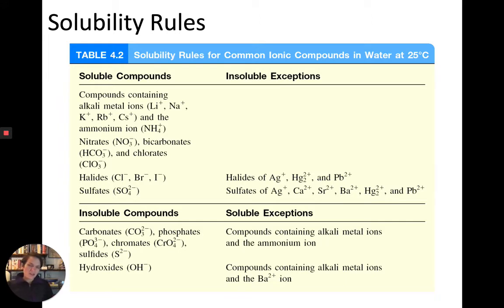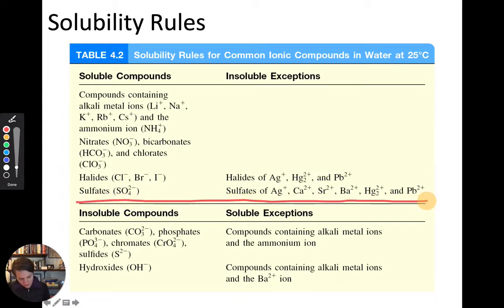So this table you can think of as being divided kind of into an X or a cross. The species above this line are going to be mostly soluble. The species below the red line are going to be mostly insoluble.